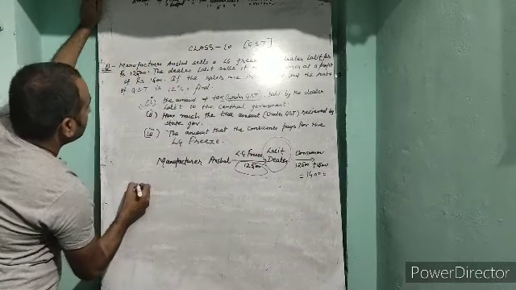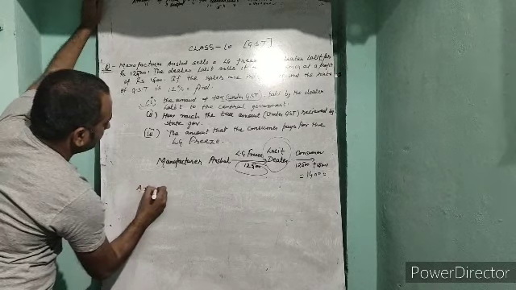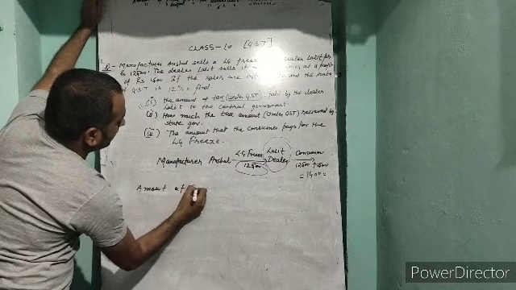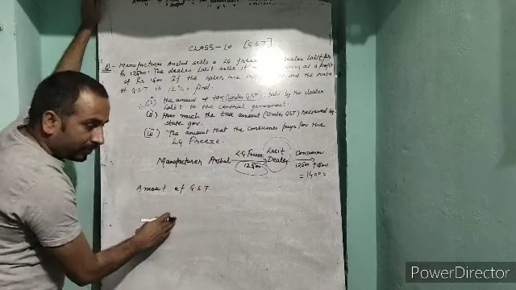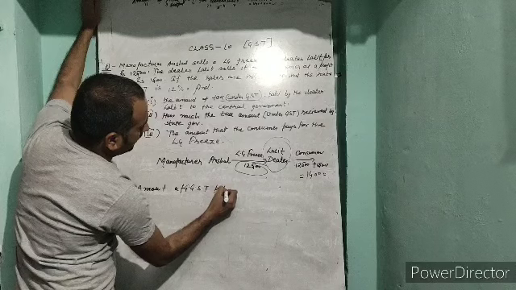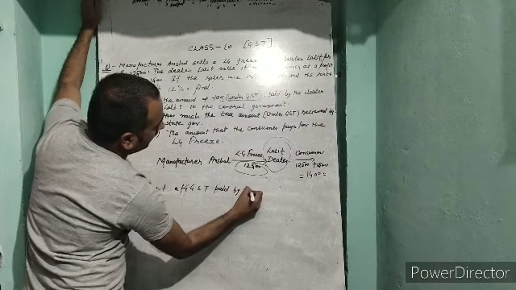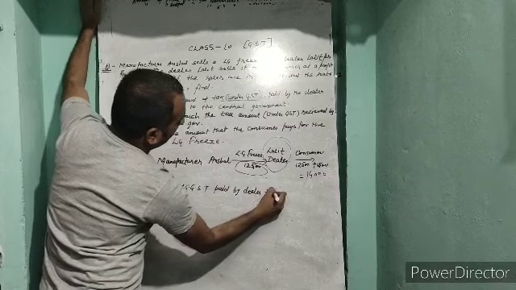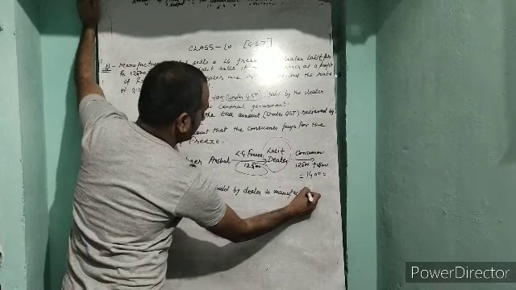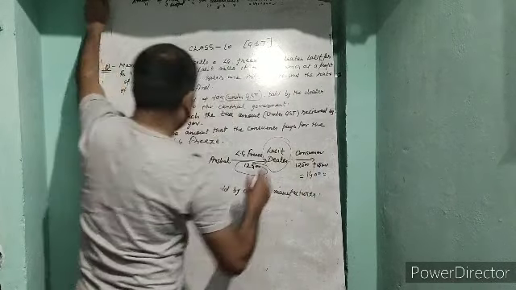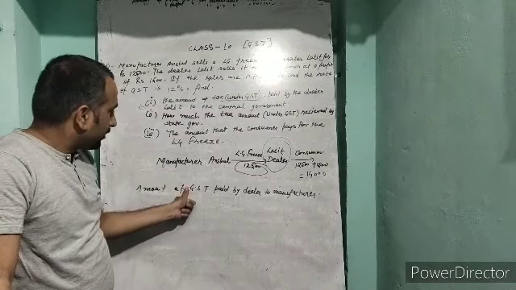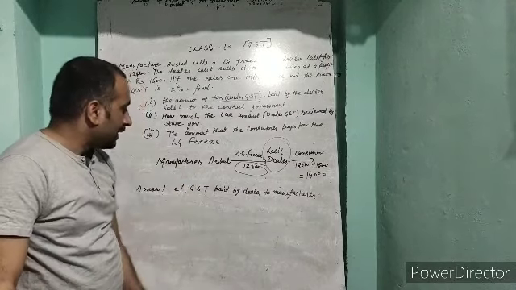So at first we will find the amount of GST, or you can write the amount of CGST paid by the dealer to the manufacturer.